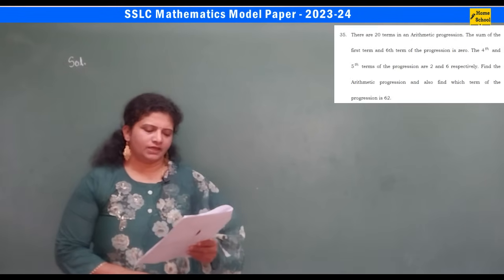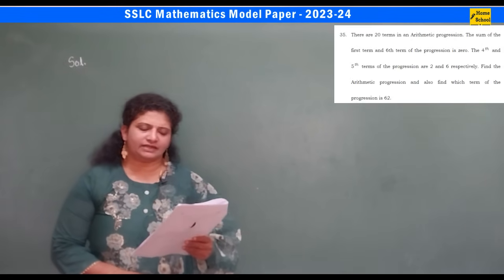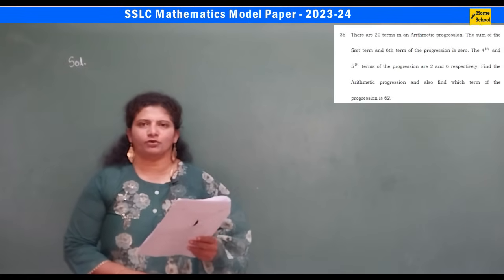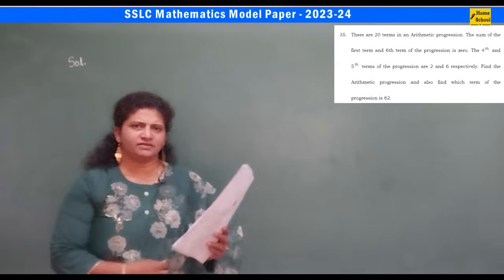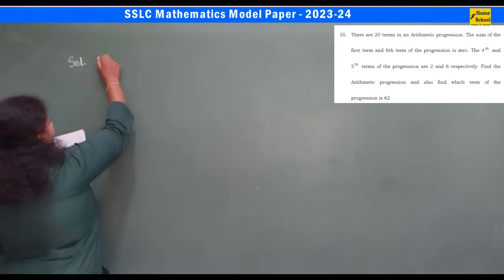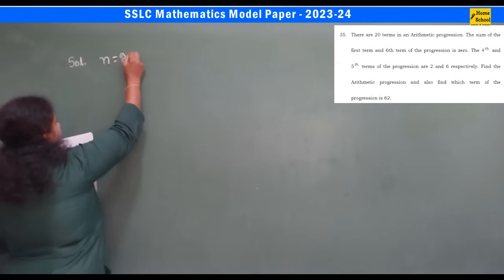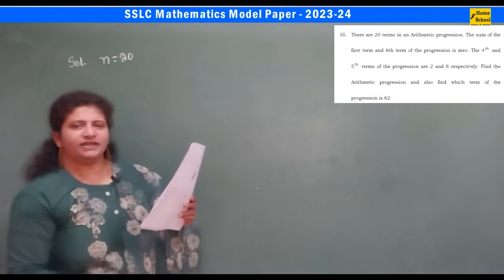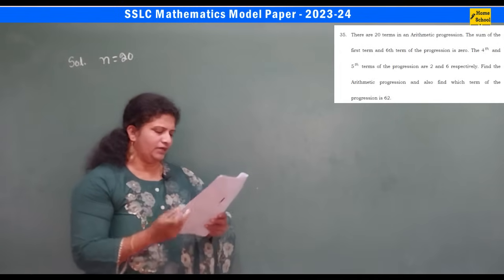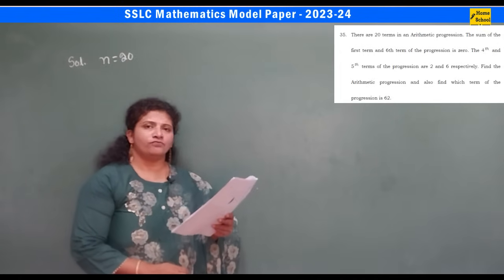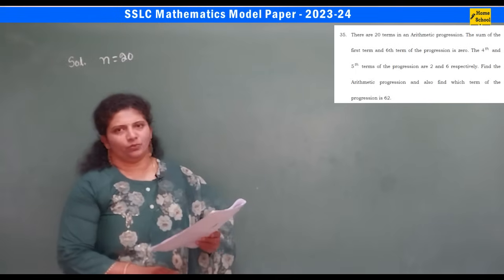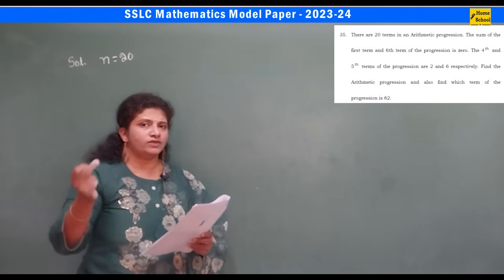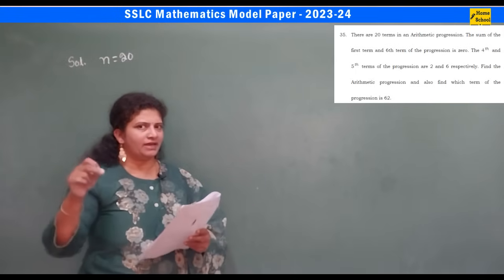35th problem. There are 20 terms in an arithmetic progression. How many terms? 20 terms. That means immediately I can write n is equal to 20. The sum of the first term and sixth term of the progression is 0. While you are reading, you immediately remember Sn.